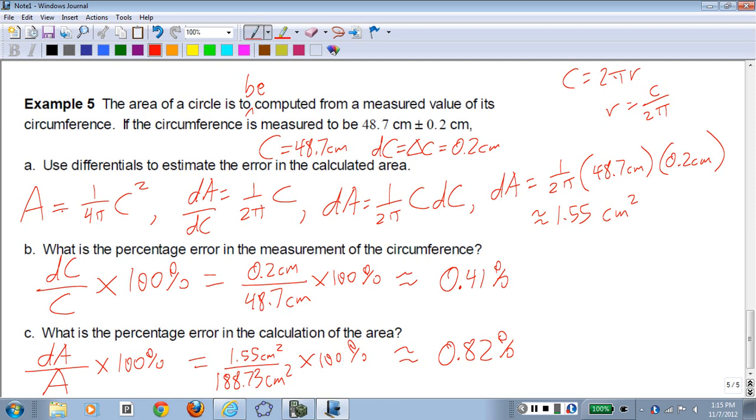How could we do this? dA over A, we could express C, so dA over dC. Let the wheels turn on that one a little bit.